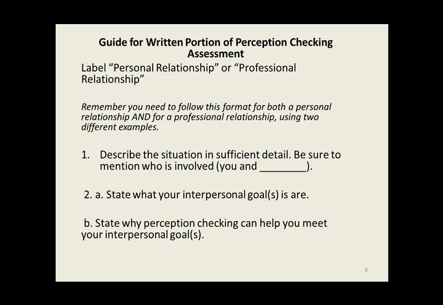And then you go down to number 2, letter A. State what your interpersonal goal is. So you could say, "My interpersonal goal in using perception checking in this instance is," and then complete that sentence. And then letter B, state why perception checking can help you meet that goal. So you can say, "Perception checking can help me meet this interpersonal goal by," and then complete that sentence.